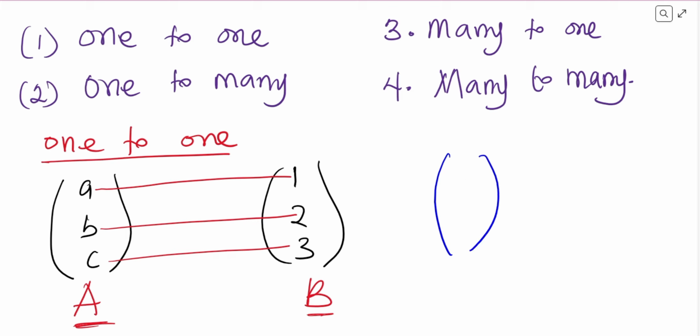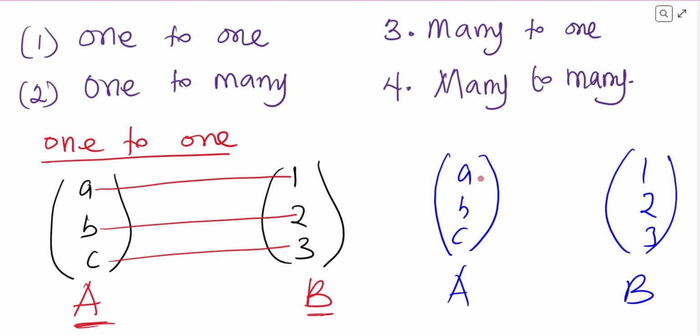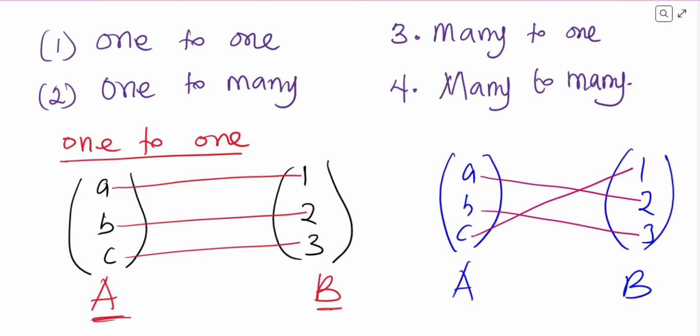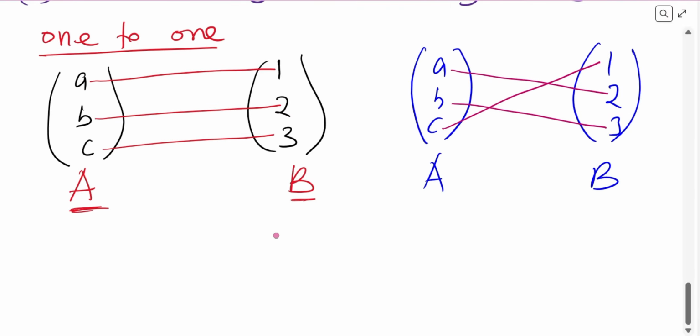Someone may choose to do A to 2, B to C, and C to 1. All we are particular about is that you should map one item to one item. And in this case, the set A becomes our domain, and the set B becomes our codomain.